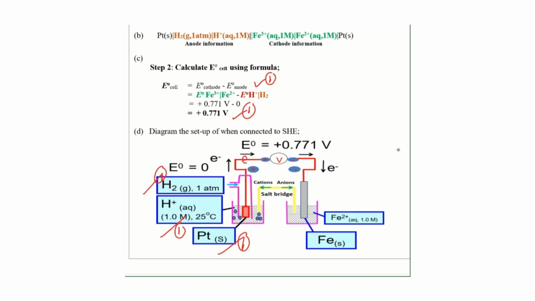Flow of electron from anode to cathode. Voltmeter. Electrolyte at cathode, electrode at cathode, and salt bridge. So salt bridge, anion flow into anode, cation flow into cathode.